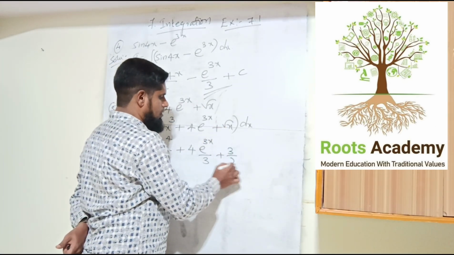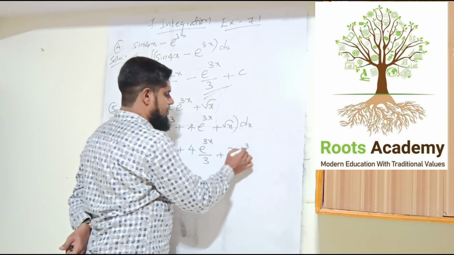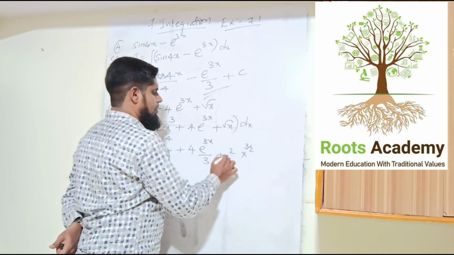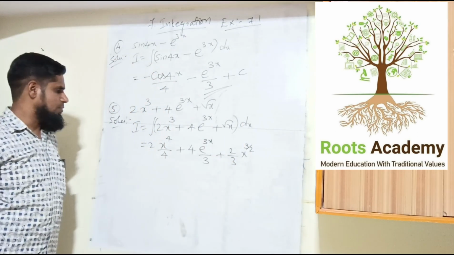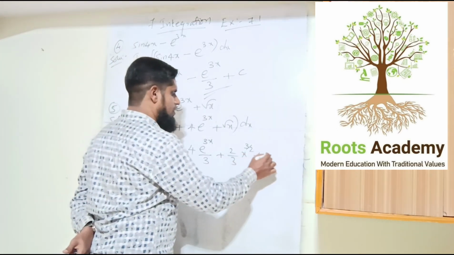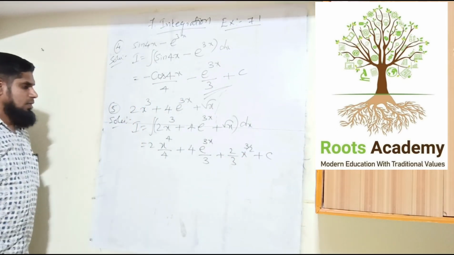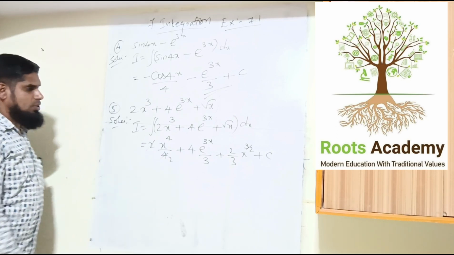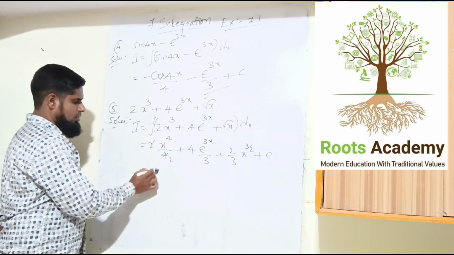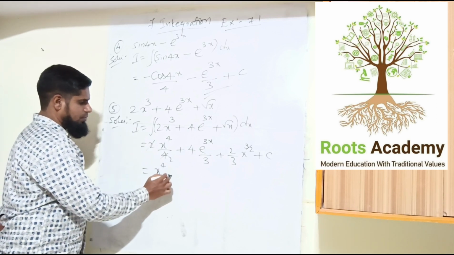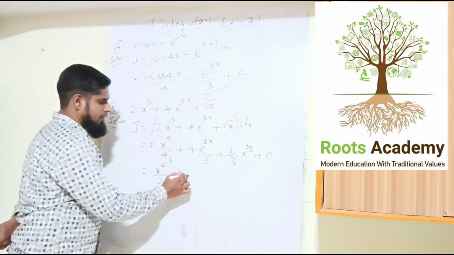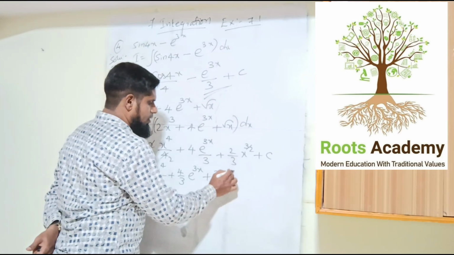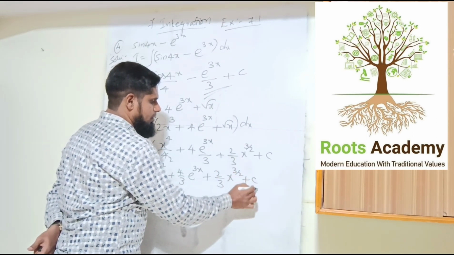It is 3 by 2 into x power 3 by 2, so it is 2 by 3 into x power 3 by 2. After integration, you must write plus c. Now this and this get cancelled 2 times. So the final answer is x power 4 by 2 plus 4 by 3 e power 3x plus 2 by 3 x power 3 by 2 plus c.